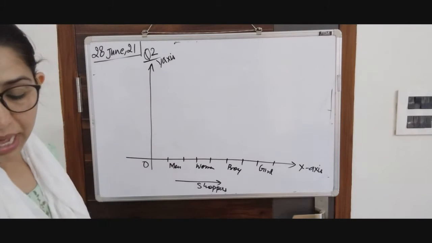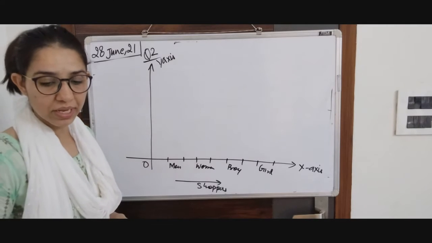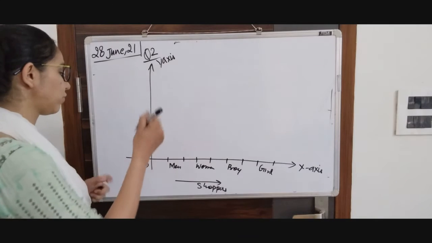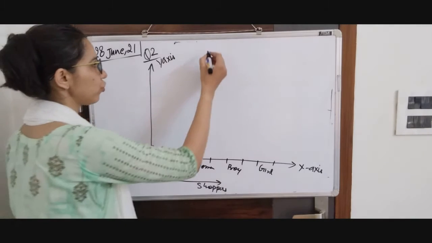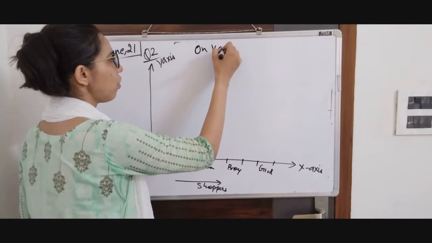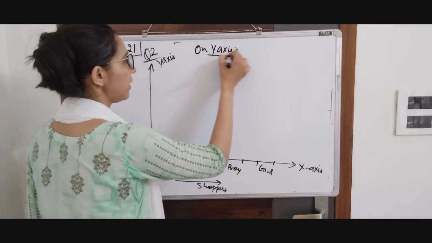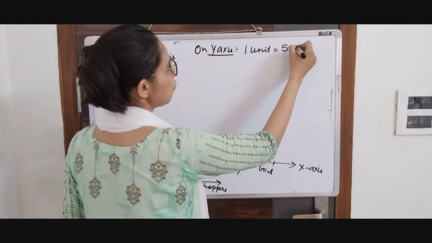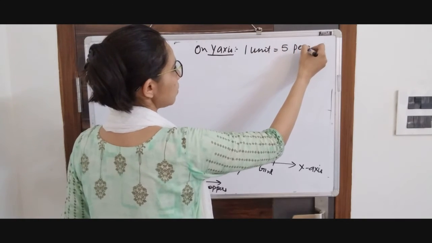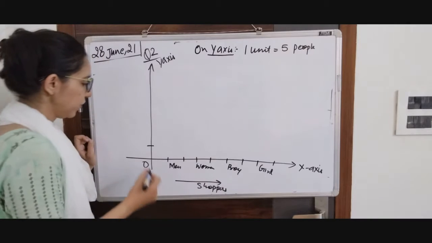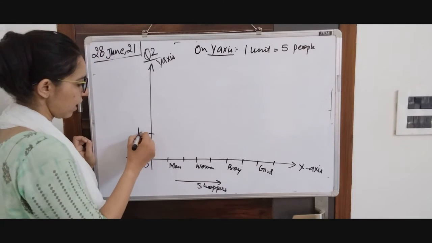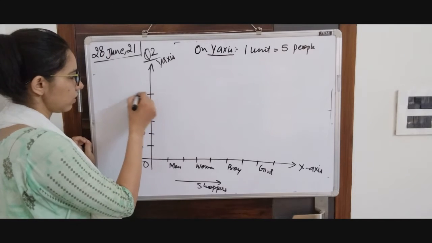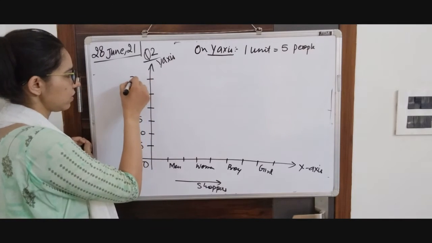Now we have the highest number of shoppers, women, that is 28, and the lowest number is 5. So we can choose our scale accordingly. I'm going to choose it on the y-axis. On the x-axis we don't need the scale. On the y-axis I'm going to use 1 unit as 5 persons, 5 people, 5 anything. So it is 5, and then we have 10, and then 15, then 20, then 25 and 30.